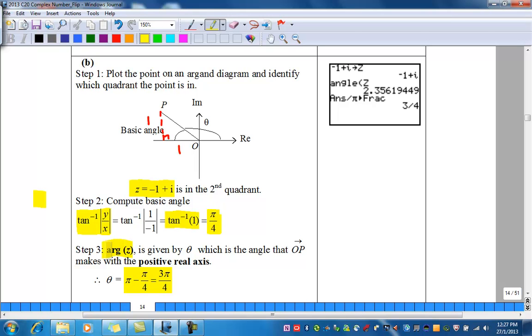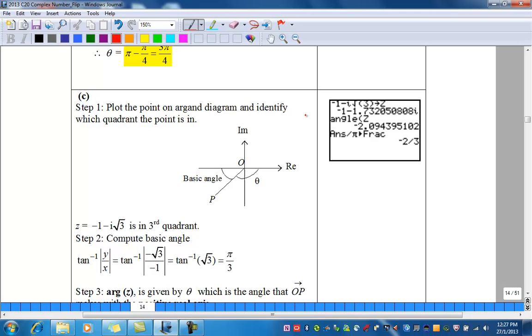The argument of z is the angle that OP makes with the positive real axis. Therefore theta will be pi minus pi over 4, which is equal to 3 pi over 4.